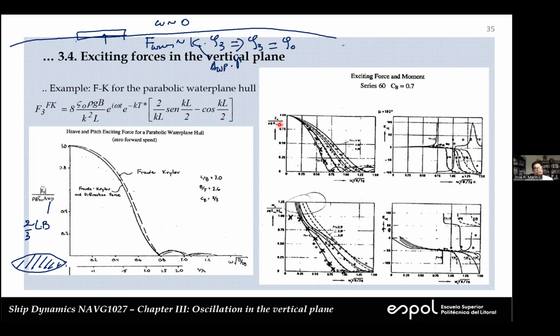Since you are in the very low frequency range, you can neglect all dynamics. So basically you have a force which does not depend on time, no acceleration, no velocity.